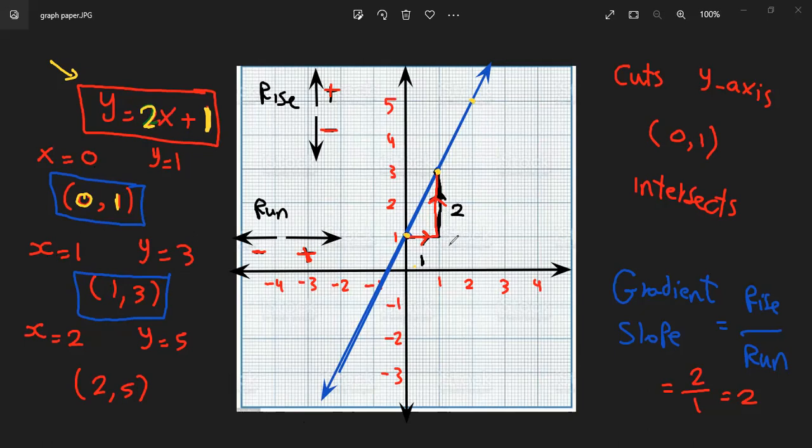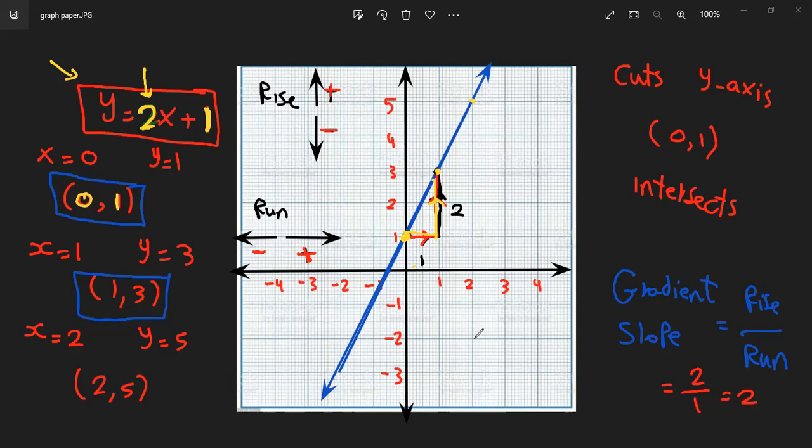So when it comes to analyzing the gradient and the y-intercept, the gradient is the number written in front of x. This is the gradient. What is the gradient? From the drawing, it's rise over run. What is the y-intercept? It's 1.